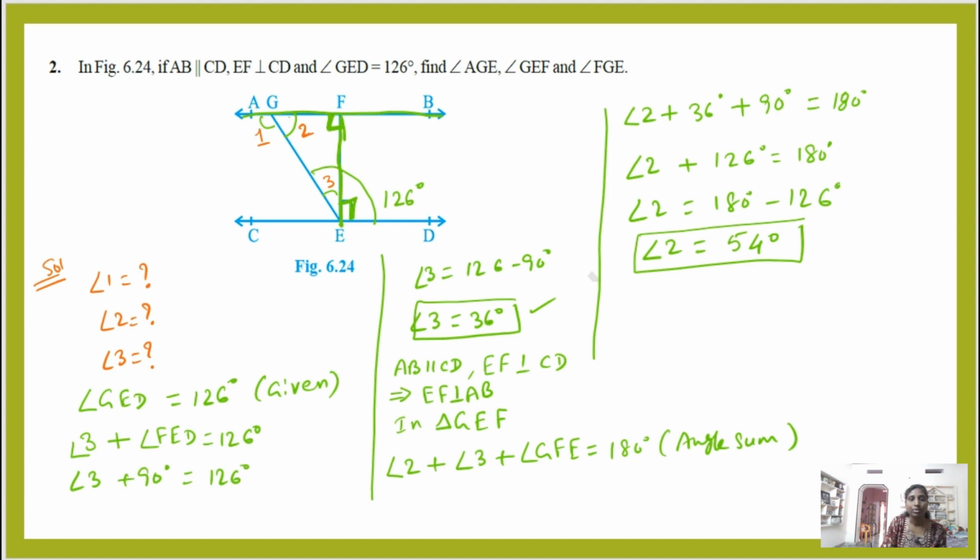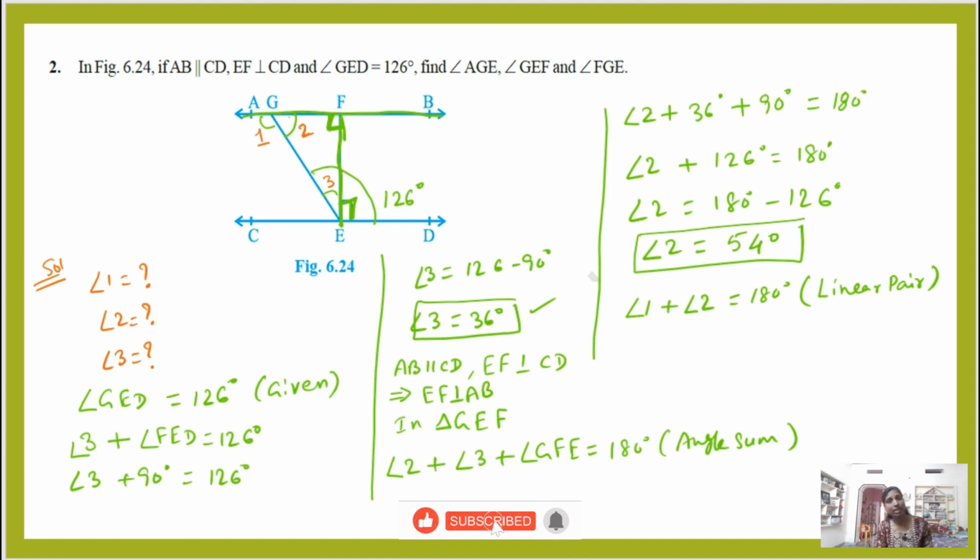Now we have to find angle 1. It's very simple. Look at the figure. Angle 1 plus angle 2 is equal to 180 degrees. Reason? Linear pair. Now we are able to find angle 1 because we know angle 2, but at first we did not know it. So angle 1 plus 54 degrees is equal to 180 degrees.